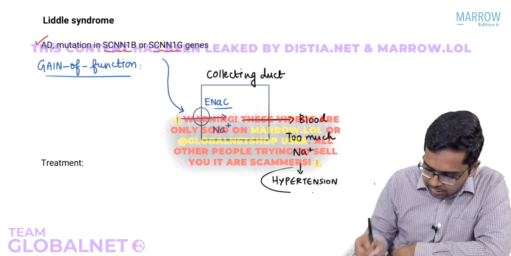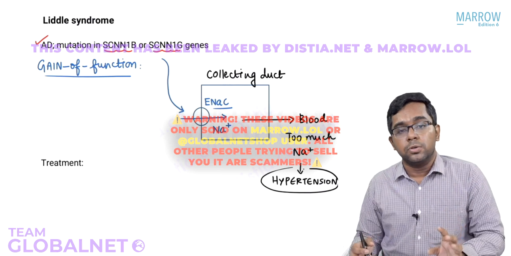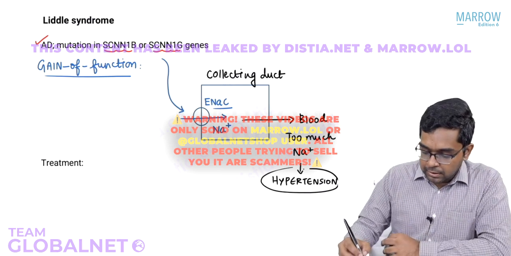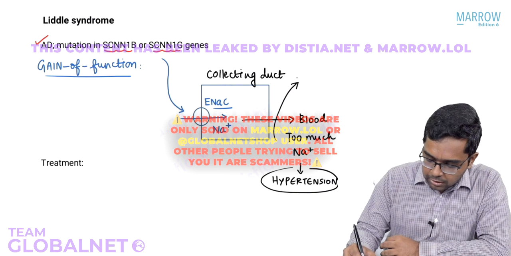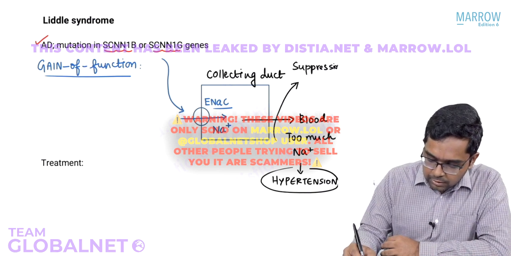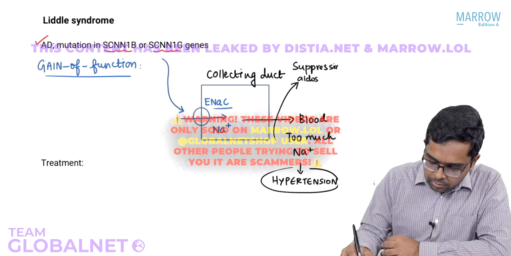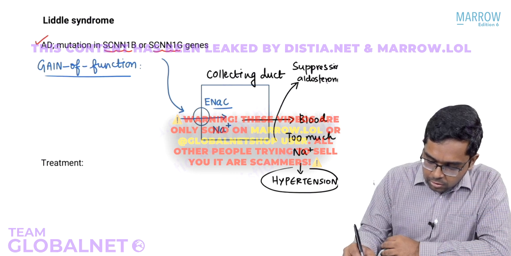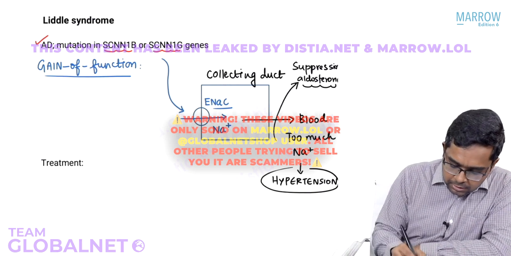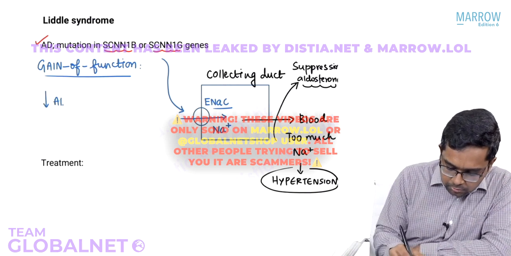Now when there is too much sodium in the blood, please remember this will cause suppression of aldosterone, right? So actually in this particular condition, there are low levels of aldosterone.